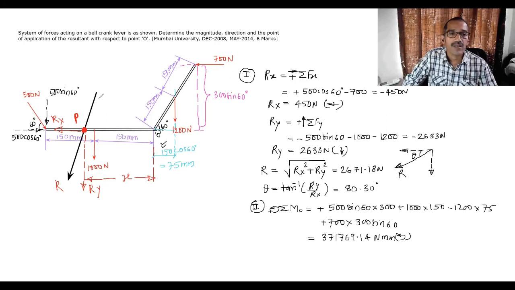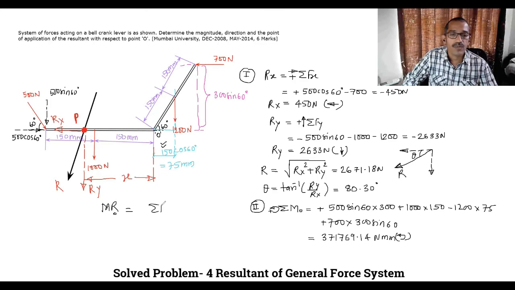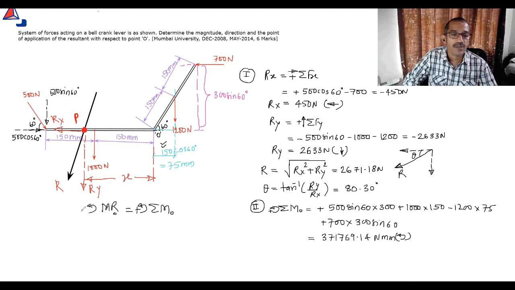Varignon's theorem in equation form: moment of the resultant about O equals the sum of moments of all forces about O, taking anti-clockwise as positive. The moment of the resultant is Ry into x, because the moment of Rx is 0. The sum of moments is plus 371769.14.